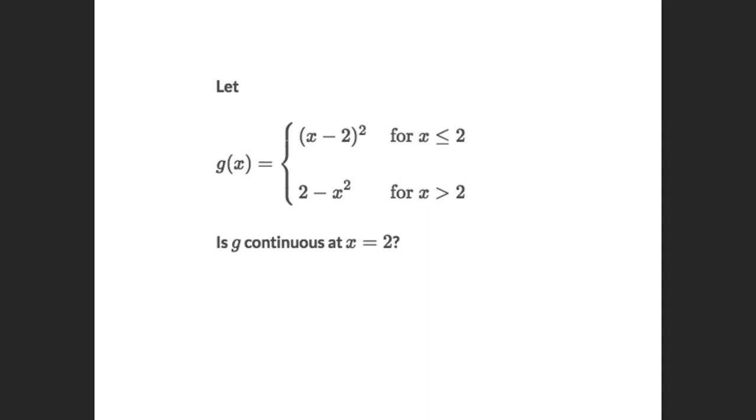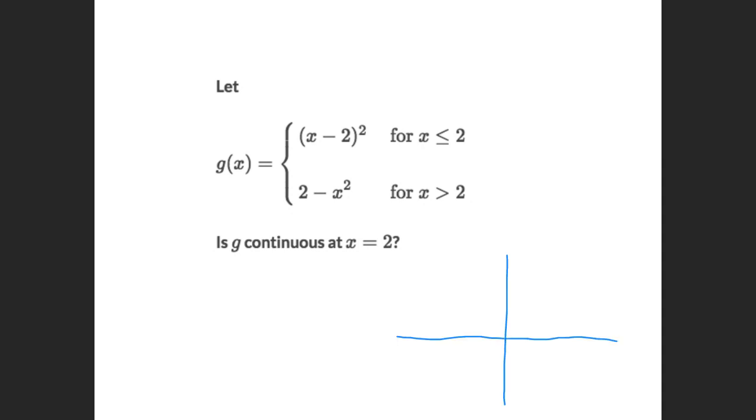All right. Is g continuous at x equals 2? Now, this is where being able to graph is going to come in very handy. Okay, I'm pretty good at graphing. We've been going over this in my Algebra 2 class for the last couple of weeks, graphing transformations.